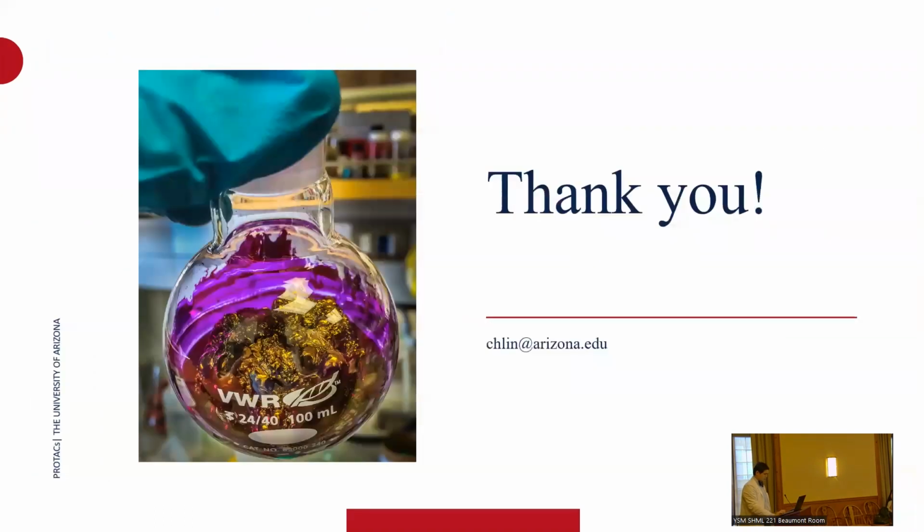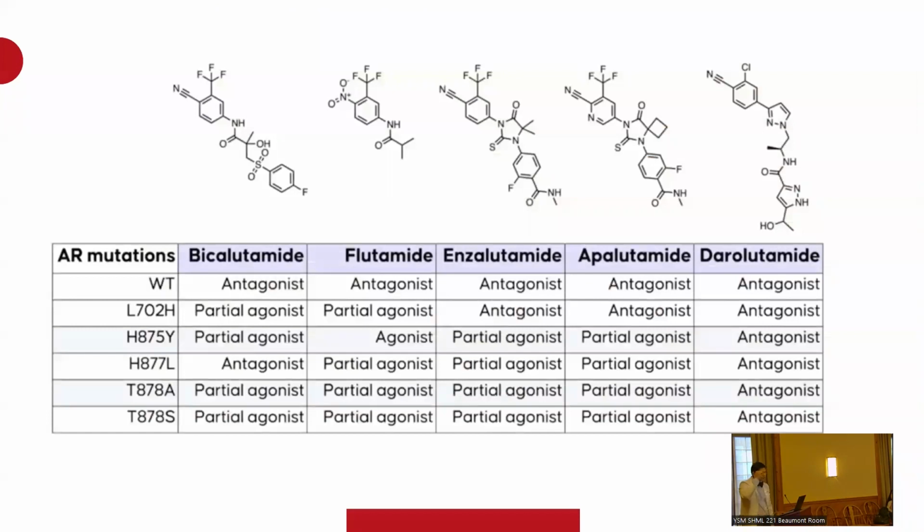I have a slide for you. Here are some of the common AR mutations that are seen. As these mutations happen with different drugs, they actually change its activity profile.